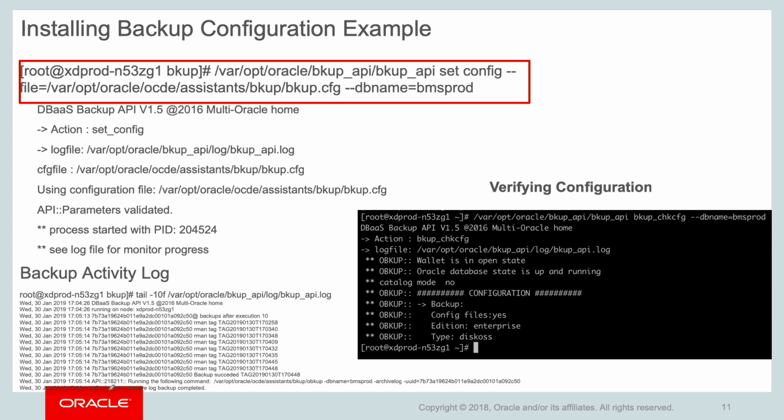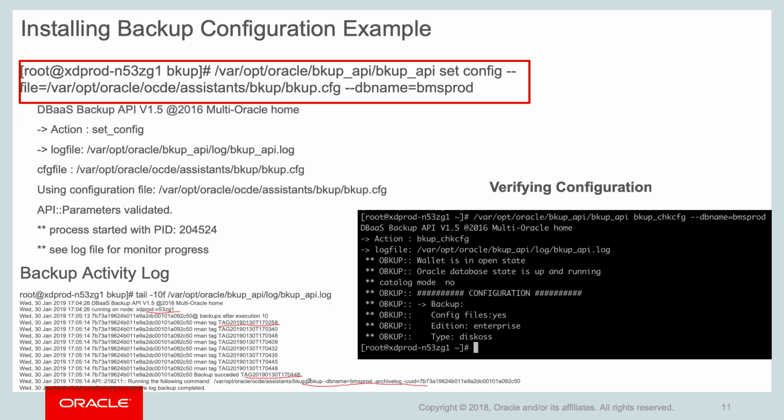This is not the complete output of the command. It says that the backup configuration has just started running on my node, the first node of Exas. By default, it has given a tag to that particular backup, and the backup has succeeded here. Once the backup is done, it is also given a tag, and then it has started the archive log backup here.